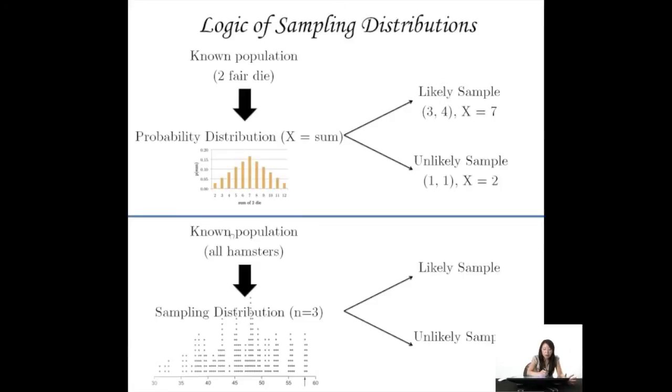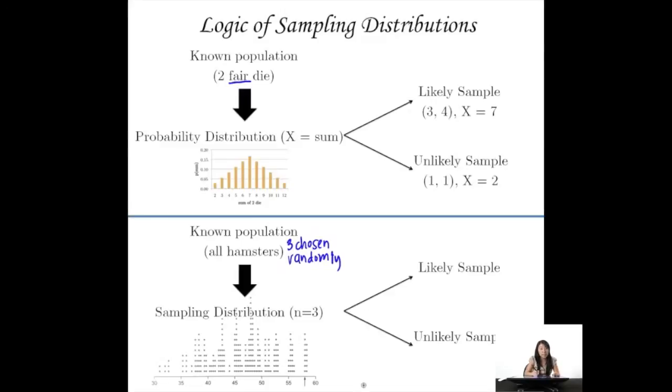What about in terms of this hamster stuff? So the known population is all the hamsters in our study. Not only that, but our mechanism is just like here we think it's 2 fair dice. Here we think it's all hamsters, and 3 were chosen randomly, right? We could simulate that process. We could choose 3 randomly and find a sampling distribution.